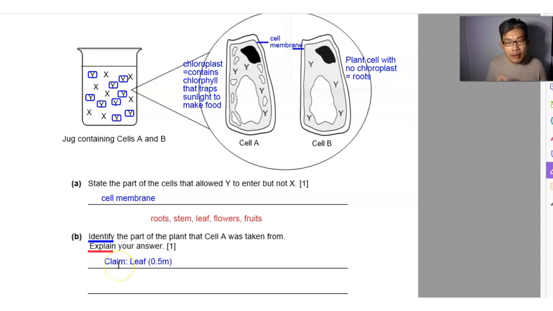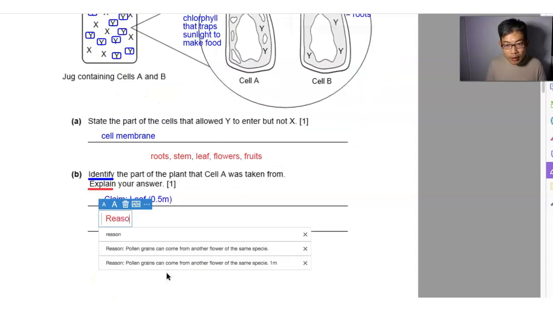In this case, the claim would have a mark because I have to think of the answer myself. I cannot just choose from somewhere that was labeled. Now, I still need to get the second half mark. How do I explain it? My reason is the part that answers the explanation.